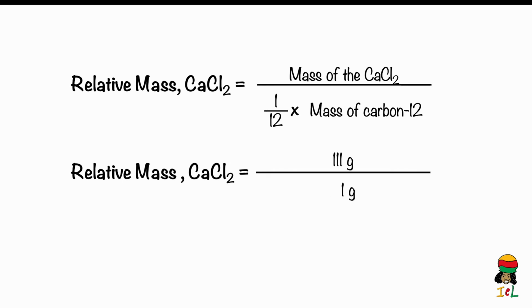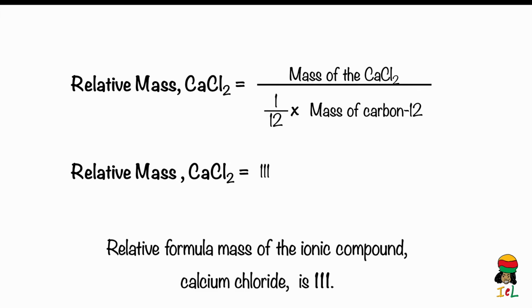If you recall from our previous lesson, it causes the loss of the unit grams. As a result, the relative formula mass for the ionic compound calcium chloride equals 111. So recall that the term relative indicates that the mass would have no units.